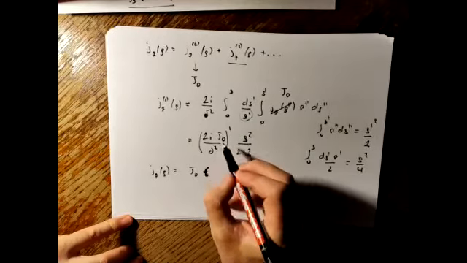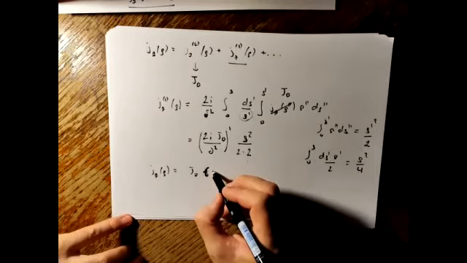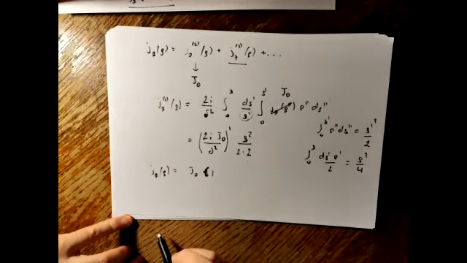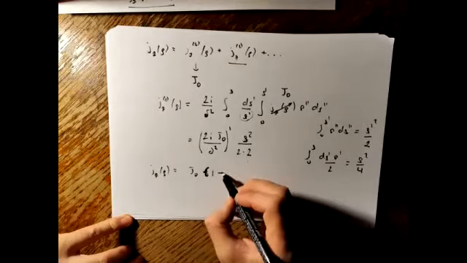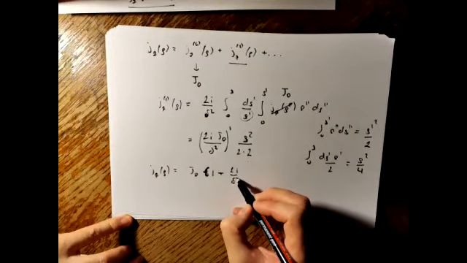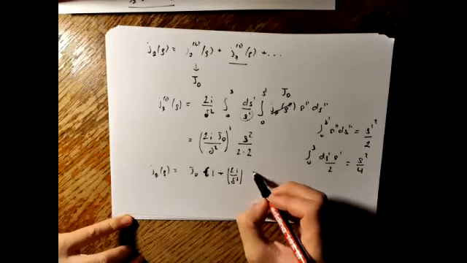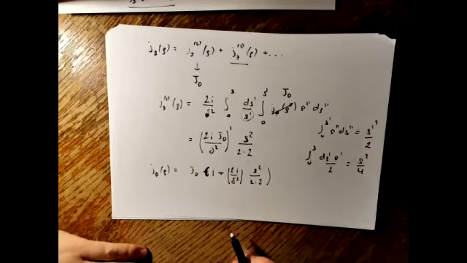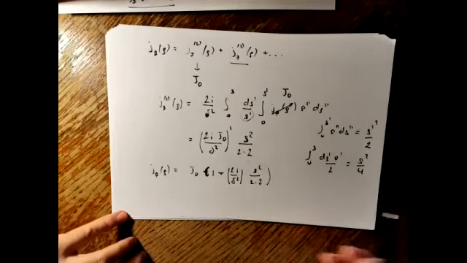I can take J0 out from here, and it's 1 plus 2I over delta squared times rho squared over 2 times 2. Okay, and now we can keep going.